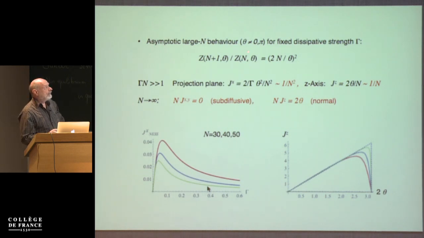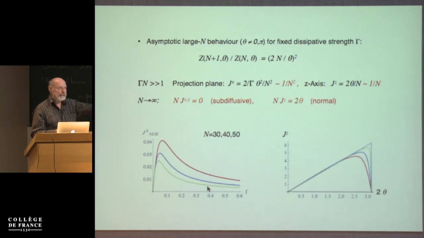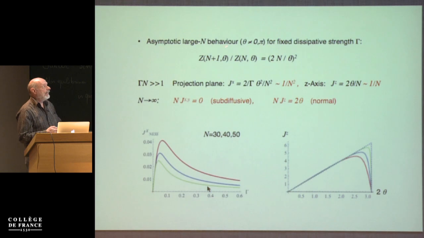Okay, let's first look at twisting angle theta non-zero and pi. If the twisting angle is 0, the system is trivial. It will be just a very trivial factorized state with a polarization along the x-axis. So this is not very interesting. But if you take a non-zero twisting angle where we induce a current, then the normalization factor grows with system size asymptotically as 2n over theta to the power squared.